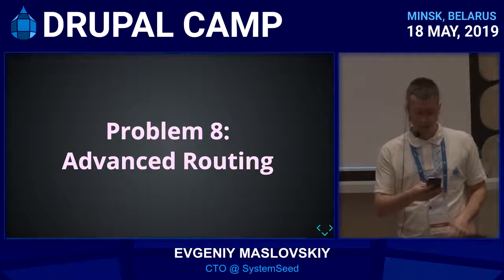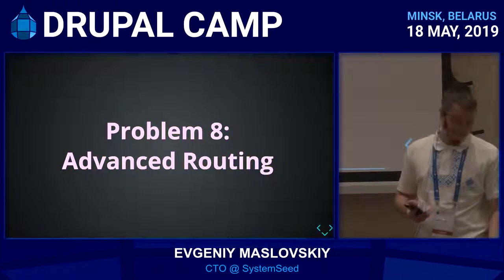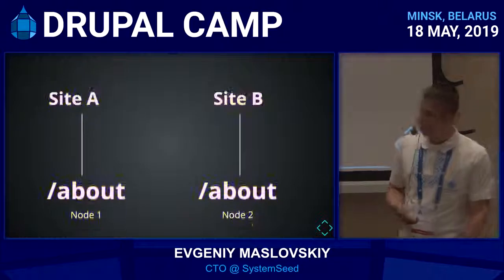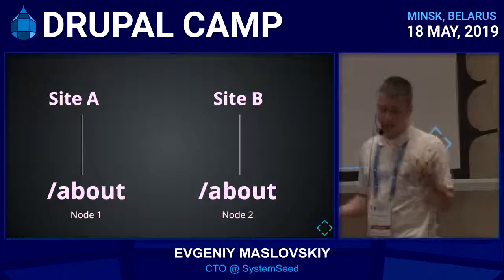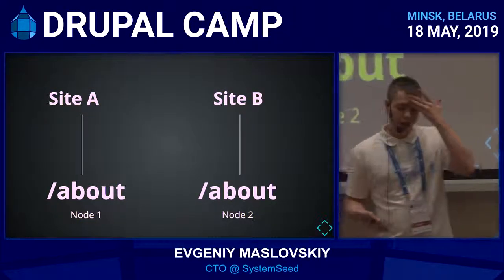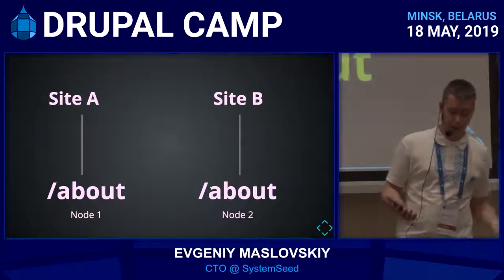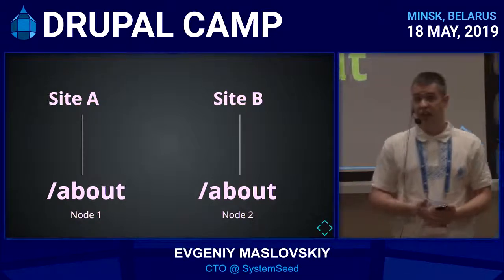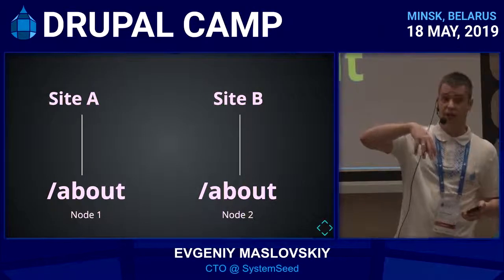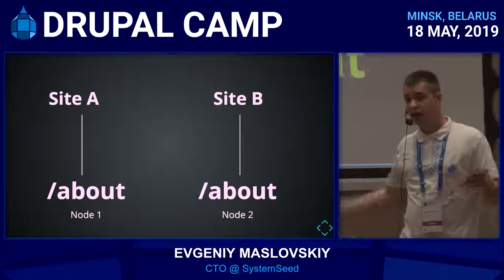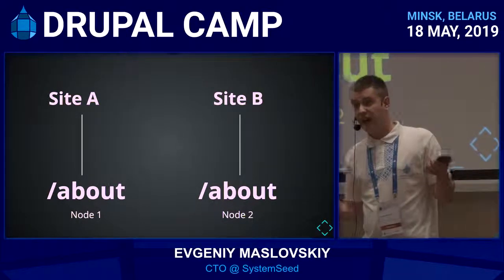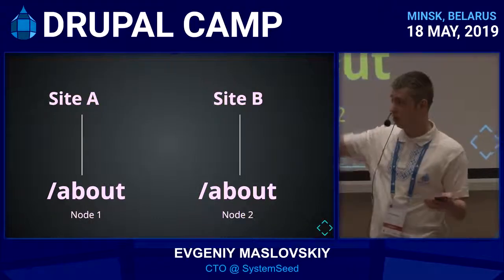Next hard problem, which is advanced routing. Again, think about this scenario. Like Kate said, our current front-end applications just throw whatever URL they get into the backend and ask, hey backend, do you have content on this URL?